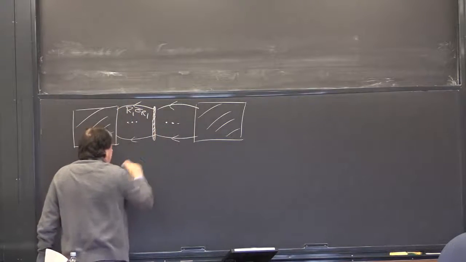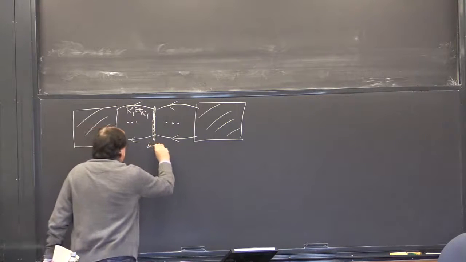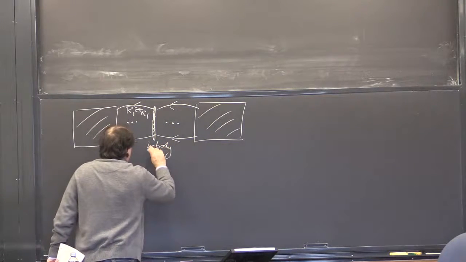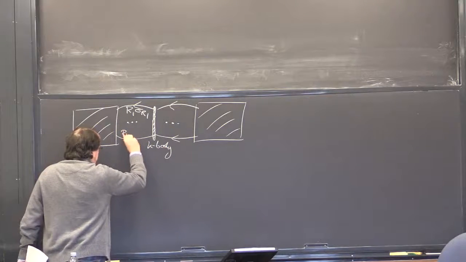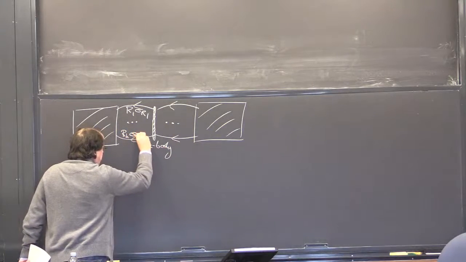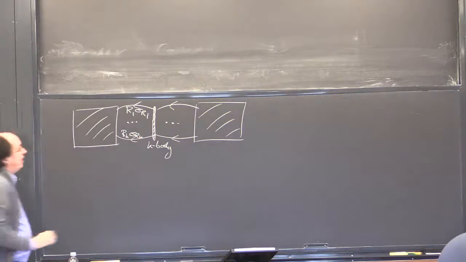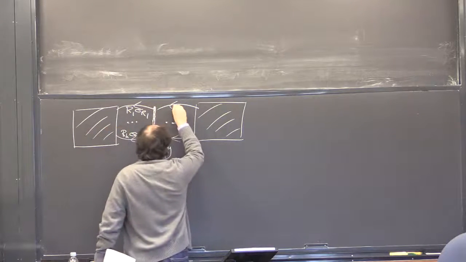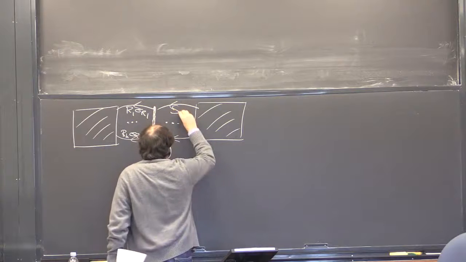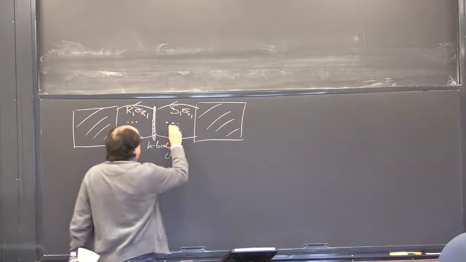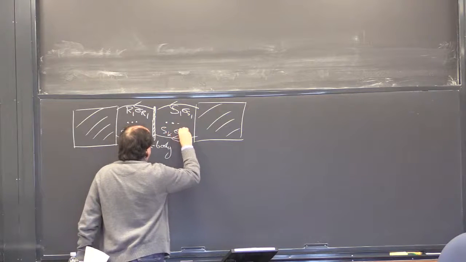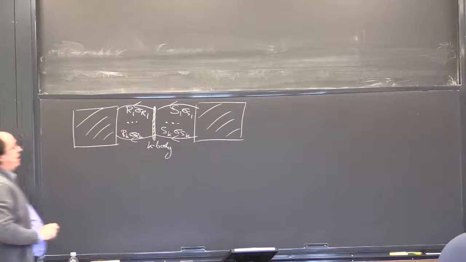I said it's a k-body vertex, so for this line I'm going to say Rk, sigma Rk. And for the lines that are coming in, I'm going to use the S symbols: S1, sigma S1 for this line, and Sk, sigma Sk for this line.